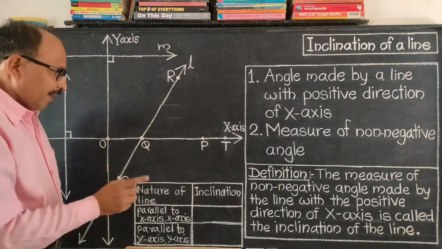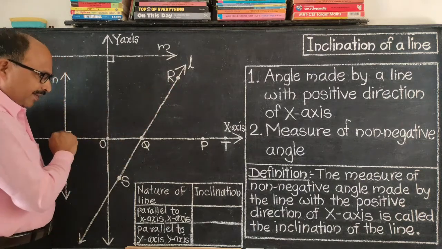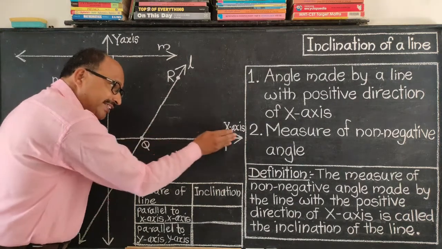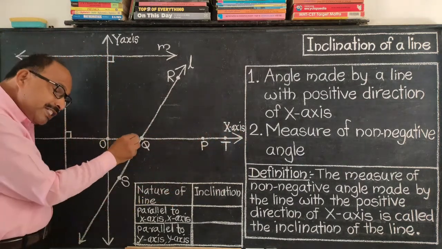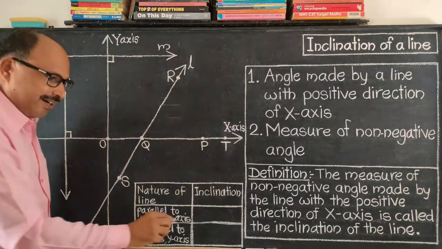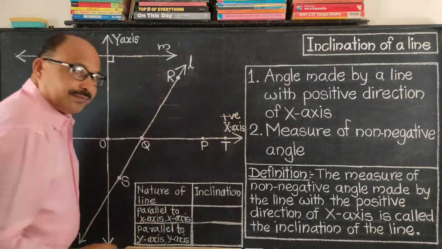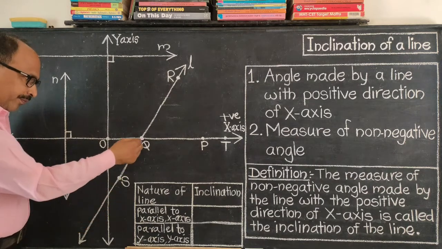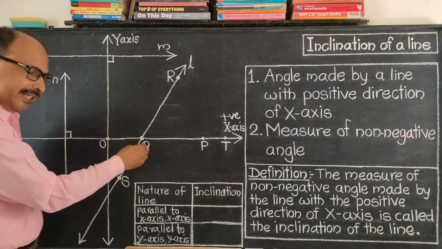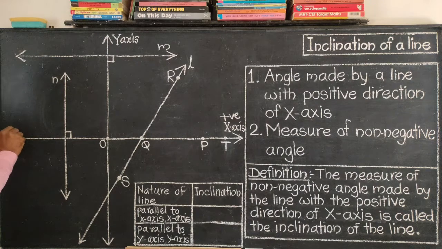Remember, for point of intersection of given line and x-axis, direction of x-axis from this point of intersection to right is considered as positive. Direction of x-axis from this point of intersection to left is considered as negative.